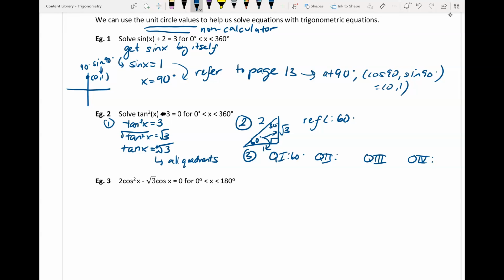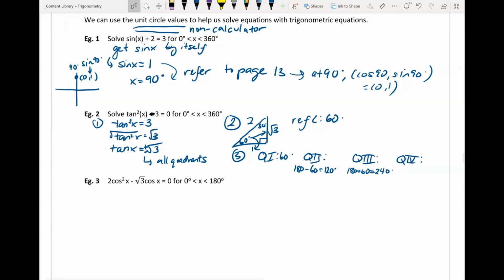For quadrant 2, it's 180 minus 60, which is 120. To get an angle in quadrant 3, that's 180 plus 60, which is 240. And lastly, for quadrant 4, it'd be 360 minus 60, which is 300.